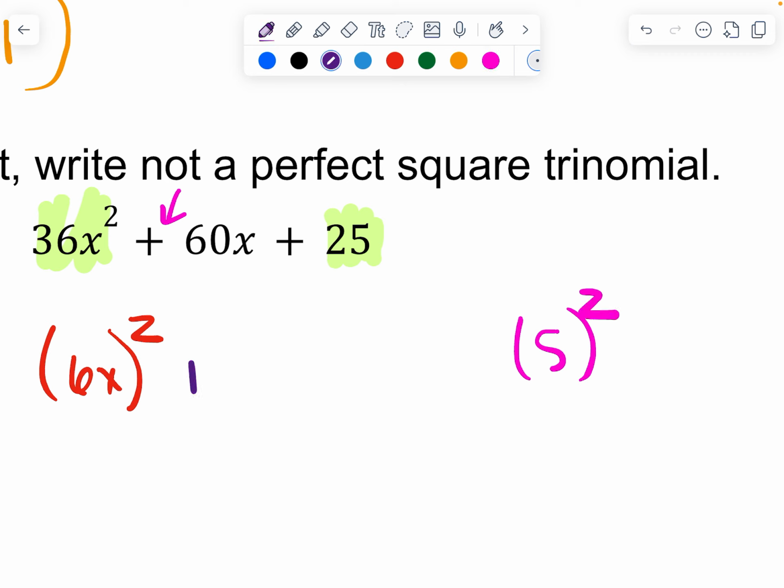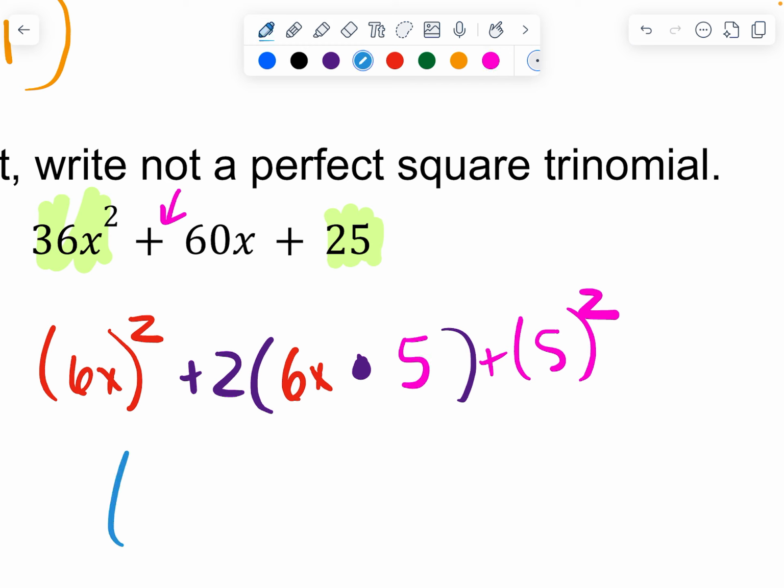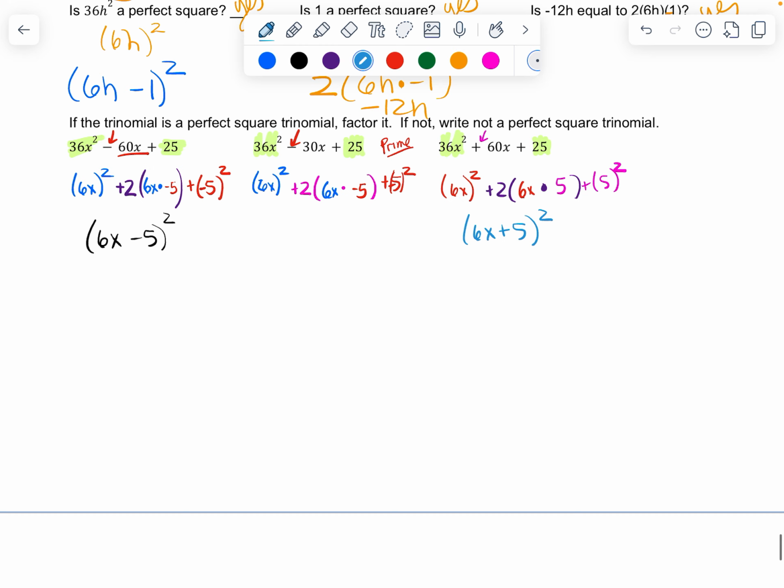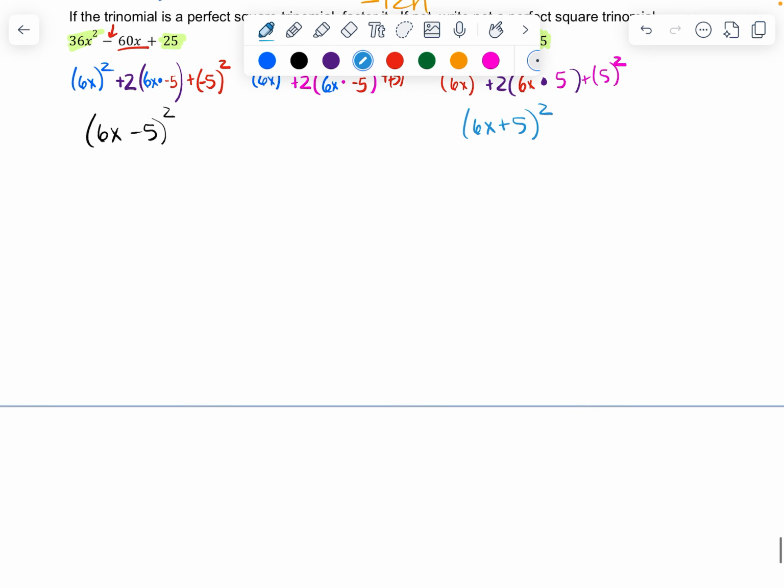And then in the middle, plus 2, parentheses, multiplication in between. I have a 6x. I have a 5. That would get me 60. Yes, that would work. So I have 6x plus 5 all squared. Now, again, guys, you can do it the long way. It's okay.